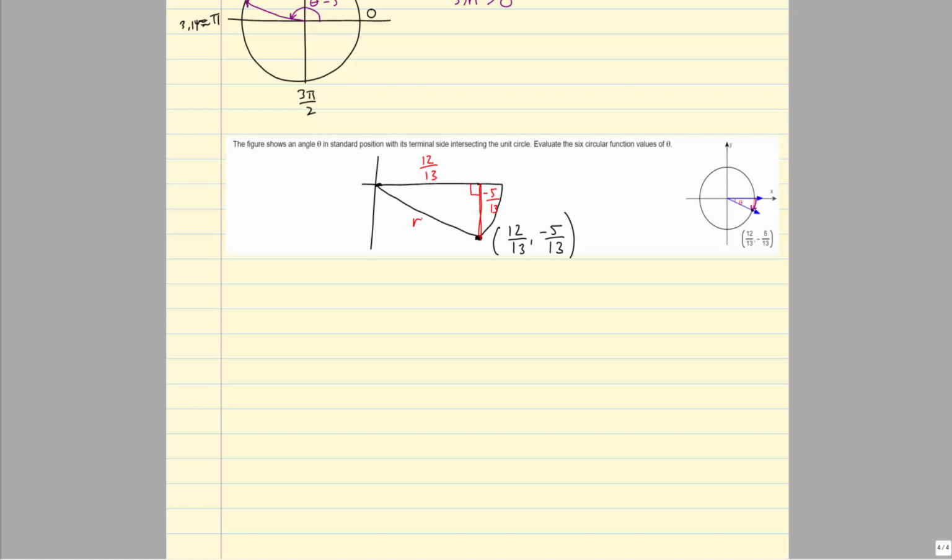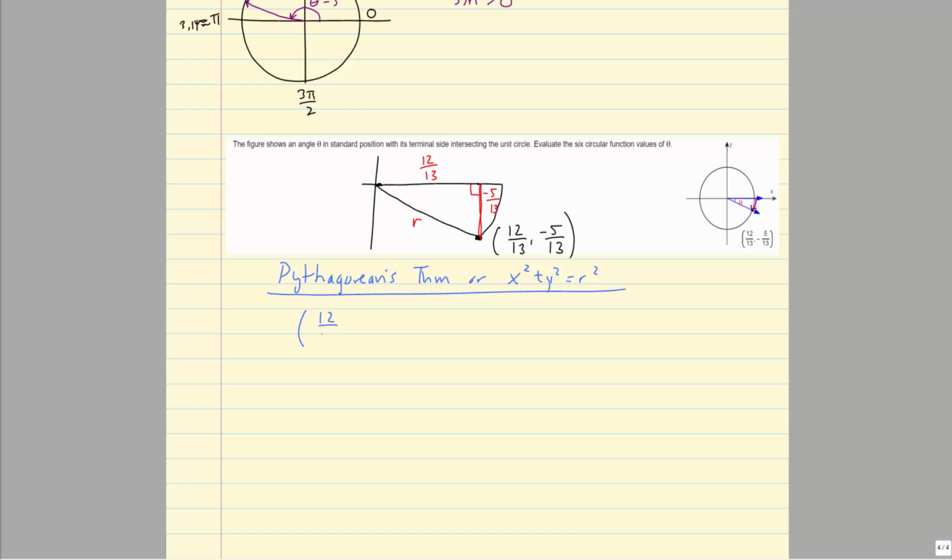Well, you can use Pythagorean's theorem, or you can use the formula x squared plus y squared equals r squared. You'll get the exact same thing. Or x squared plus y squared equals r squared that we learned back quite a while ago.